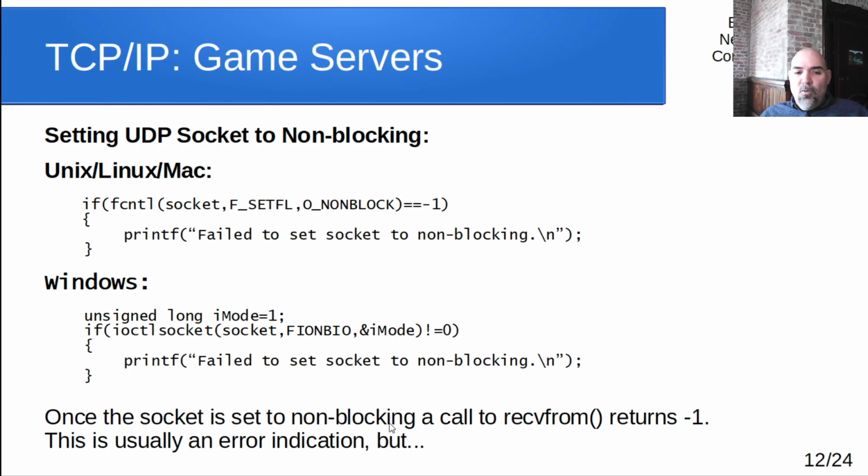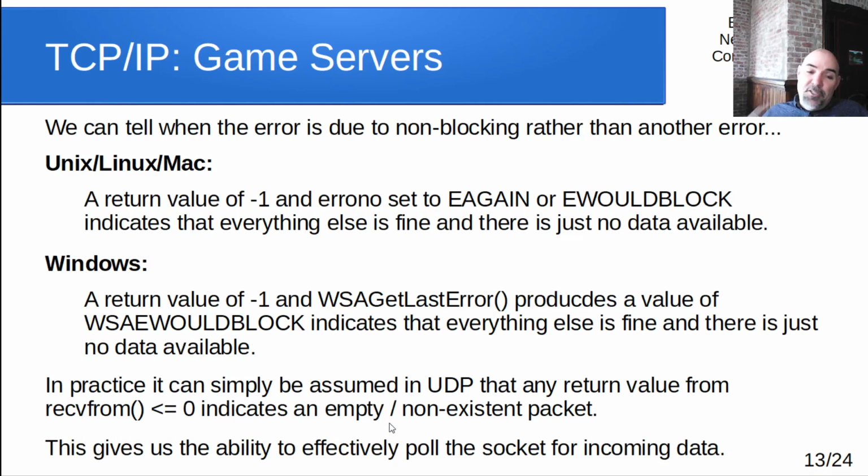So once the socket is set to non-blocking, a call to recvfrom will return something that's less than 0, that is, it returns a -1. That would usually indicate an error condition, but we could check to see if it's a real error or whether it's just that it would have blocked and returned because there was no data.